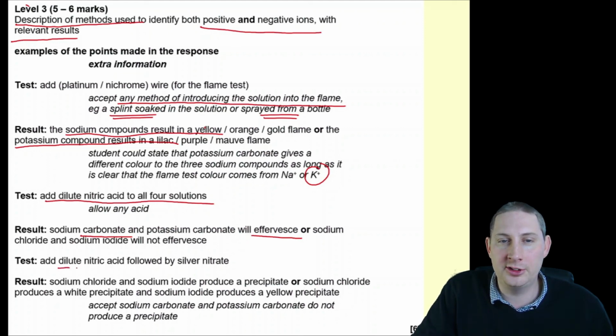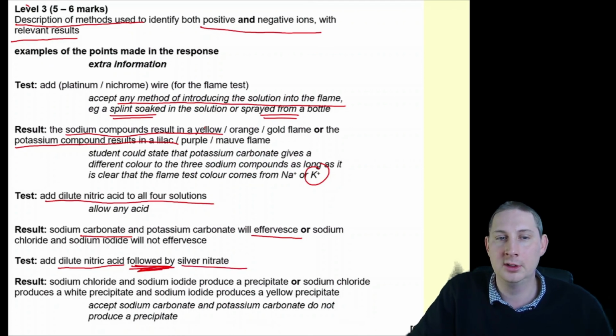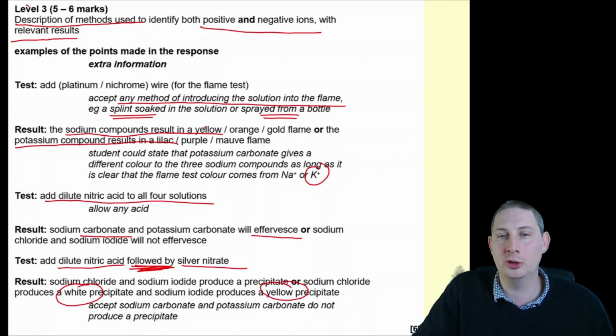Add dilute nitric acid followed by silver nitrate. Result, sodium chloride produces a white precipitate, sodium iodide produces a yellow precipitate, except that sodium carbonate and potassium carbonate do not produce a precipitate.